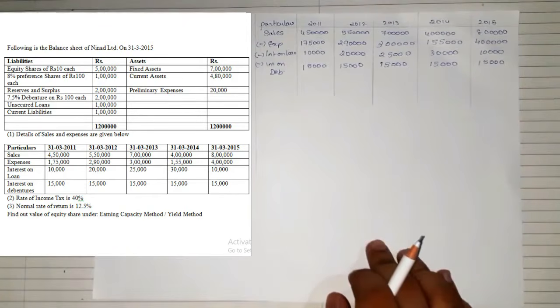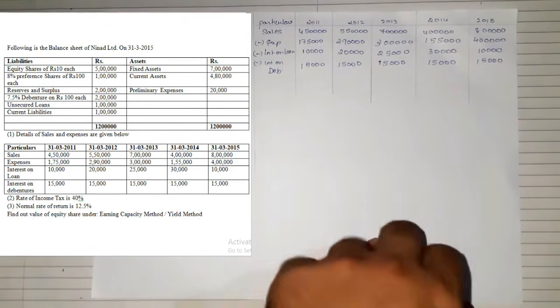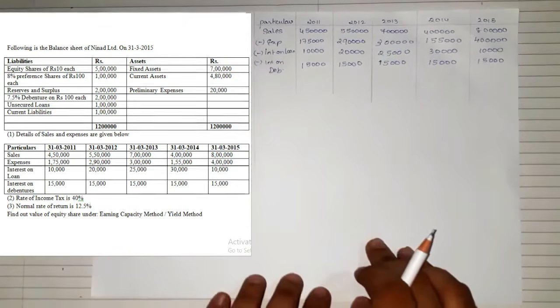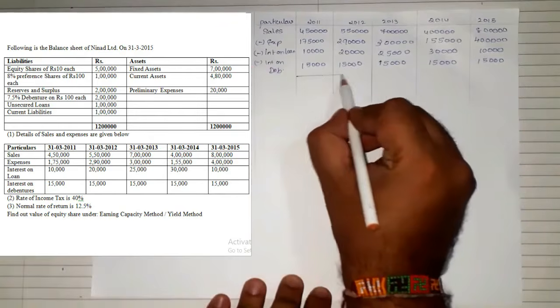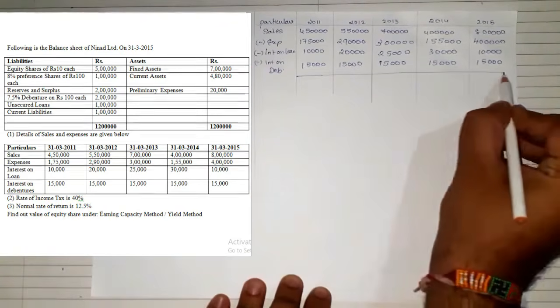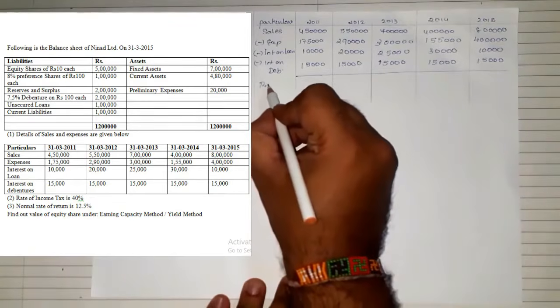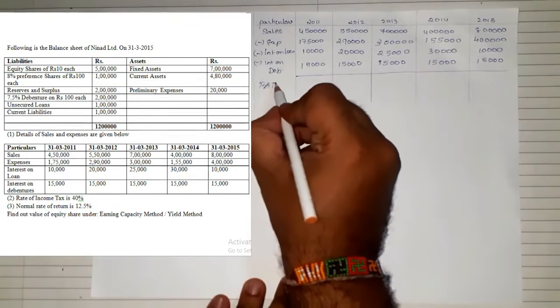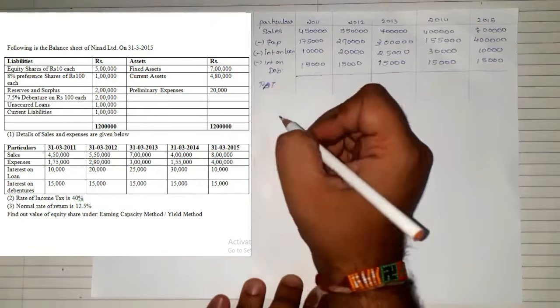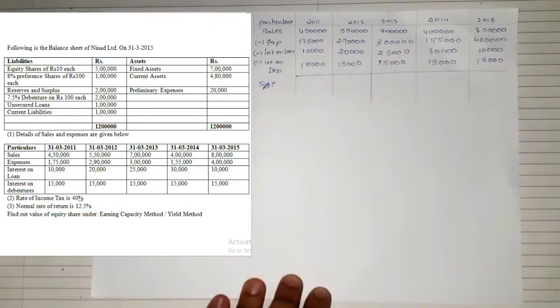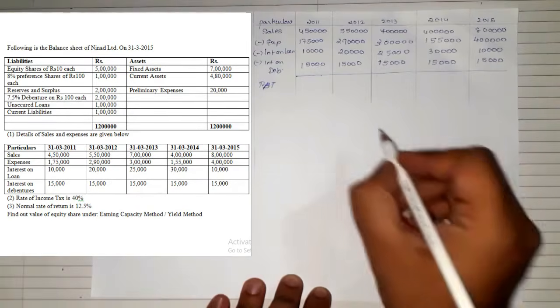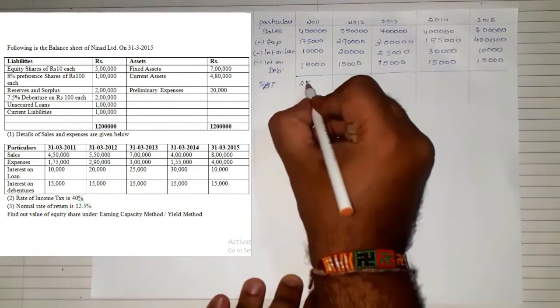So from sales, when you subtract all your expenses, whatever we get is nothing but our net profit, or our profit before tax. So I'll write this as PBT, profit before tax. The profit before tax should be, for the first case, 2,50,000.